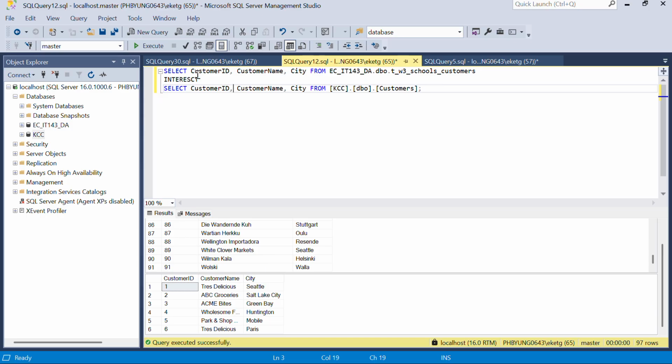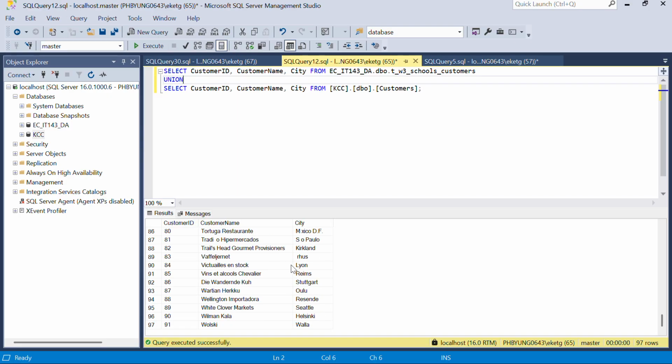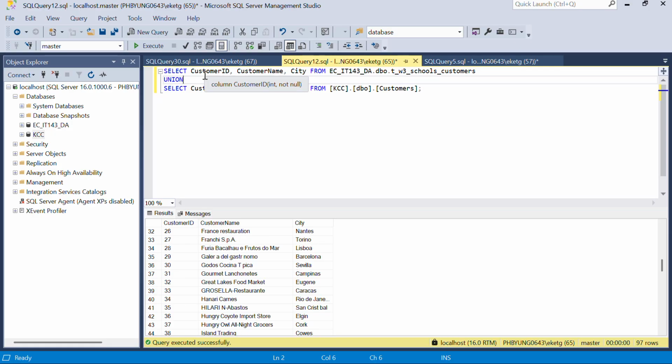Okay, so if I use union, it combines all the data. But one thing I've come to notice about union, except and intersect is that they must use the same column.